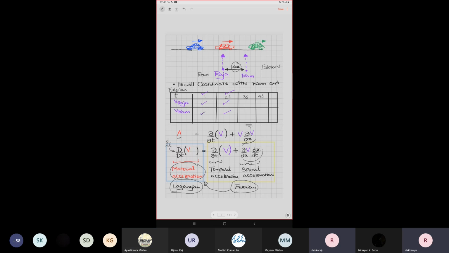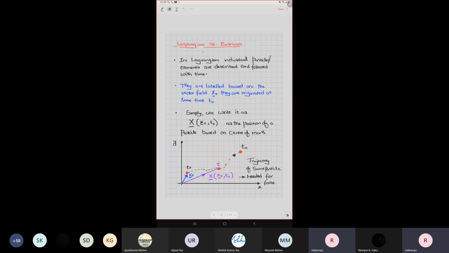Once you know that Eulerian field, you do this Euler's magic to get the acceleration of that particle. Wonderful. Now we understood the concept. Mathematically, we have to describe that. How to show that Lagrangian acceleration equals del V by del T plus V del V by del X, or in 3 dimensions, V dot grad V? For that purpose, we need to know this mathematical procedure step by step.